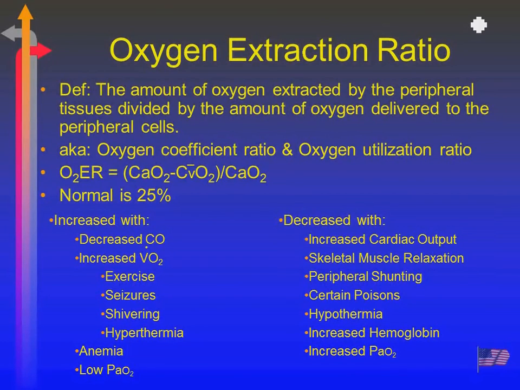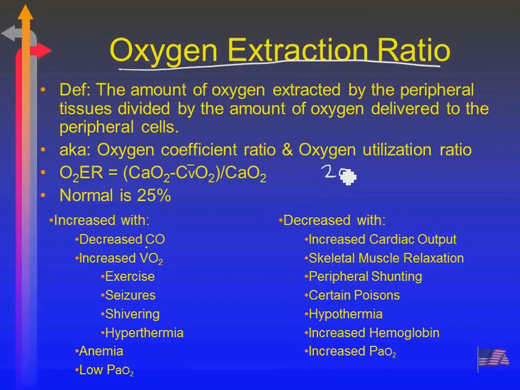I could also look at this with something called the oxygen extraction ratio, which is basically a percentage of how much oxygen is being used. If I send out 20 and I bring back 15, what percentage of what I sent out am I using? Well, let's calculate it.